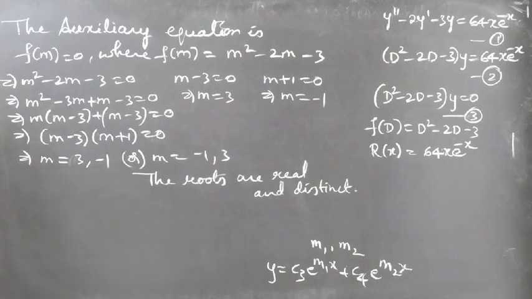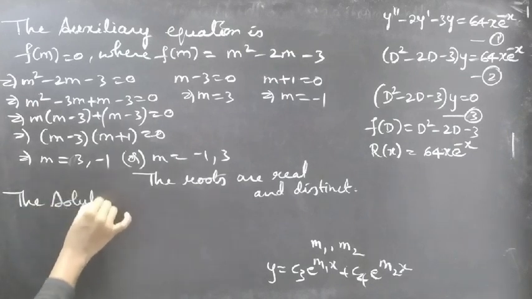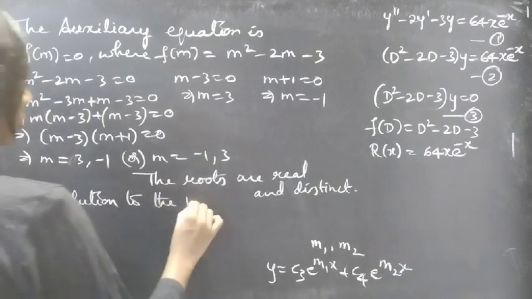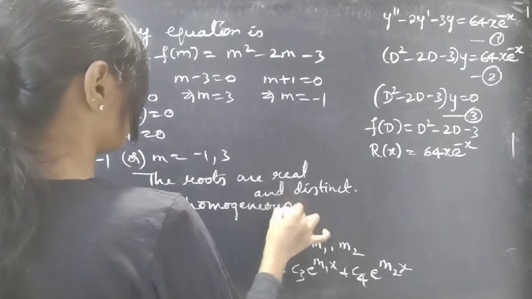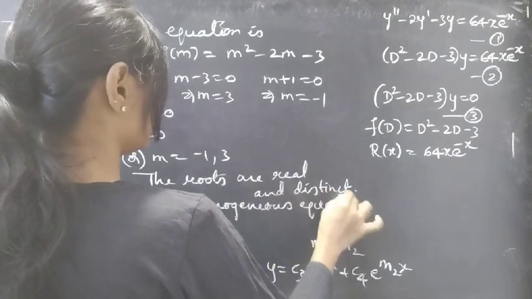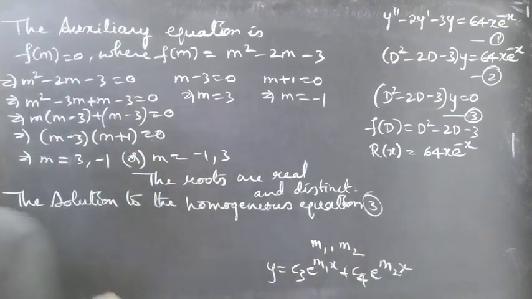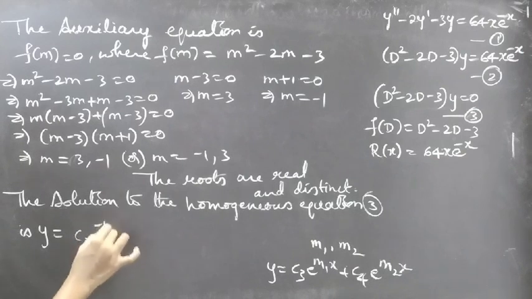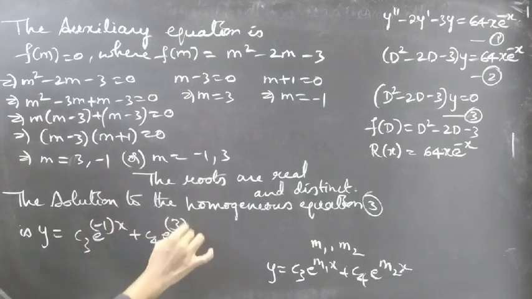Now coming to the solution to our homogeneous equation 3: y equal to c3 e power minus 1 into x plus c4 e power 3 into x.